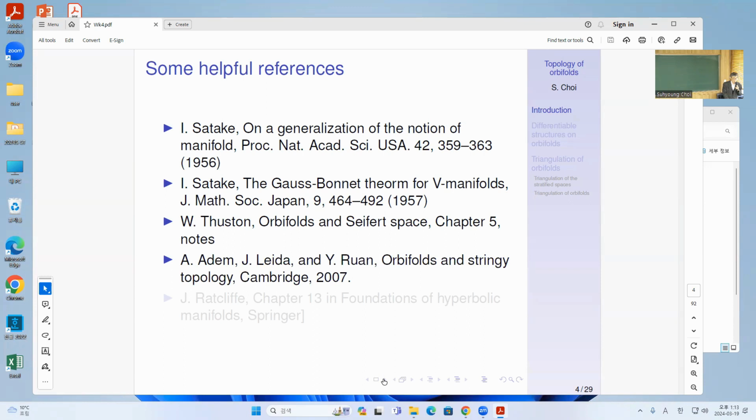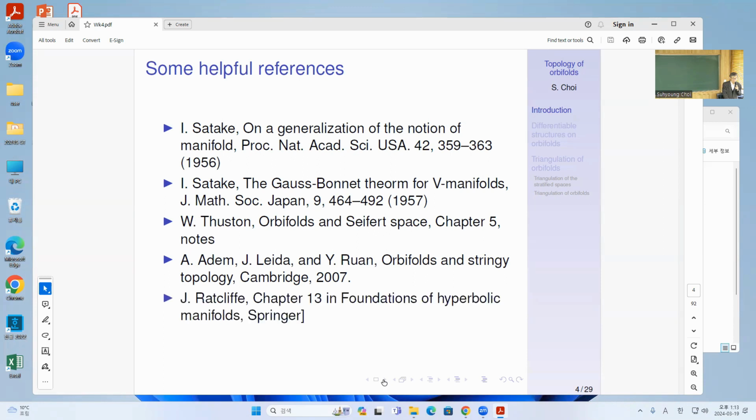And then this book is a fairly good book, Orbifold String Topology, Cambridge University, done by Adem. If you get a chance to look at it, please look at it, but this is not essential. But from the groupoid point of view, this is the book to look at.